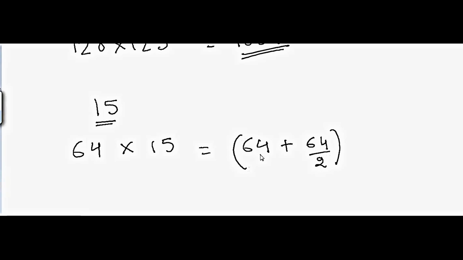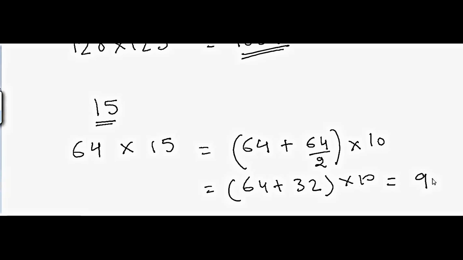So that will be equal to 64 plus 32 into 10, and that's equal to 960, right? So let's do it quickly. Suppose I have 44 and want to multiply by 15. I know half of 44 is 22, so that will be equal to 66, and then a 0, so that will be 660.